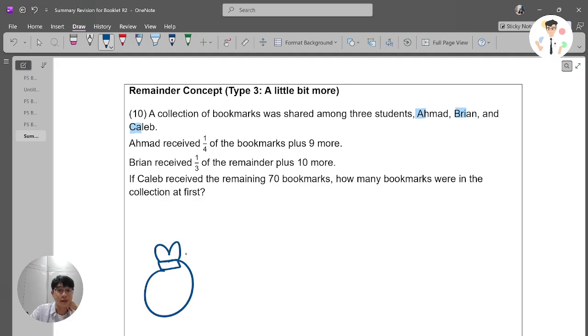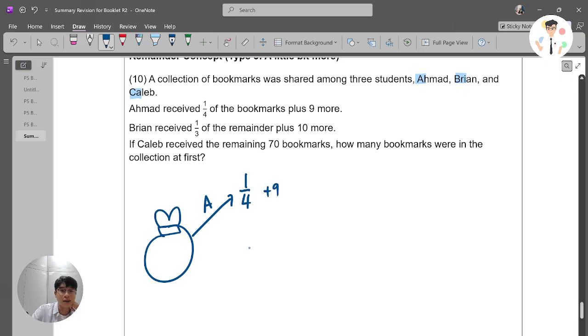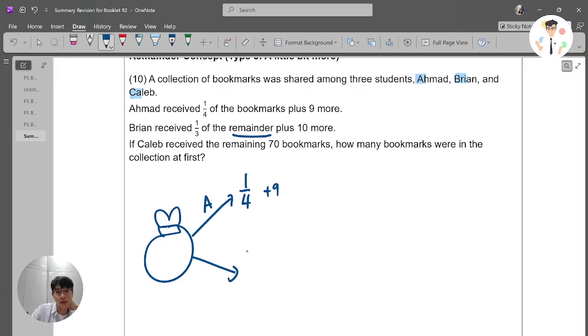Now, what happened is Ahmad A actually received 1/4 of the bookmarks plus how many more? 9 more. Now, if I give Ahmad 1/4 plus 9 more, what is my remainder? If I give 1 out of 4, I'll be left with 3 out of 4. Correct. If I give him extra 9 more, of course I will be left with minus 9.